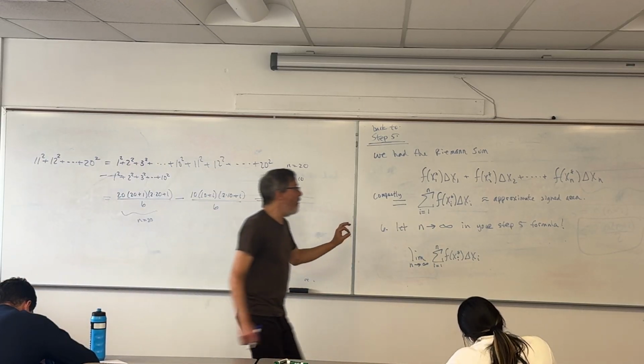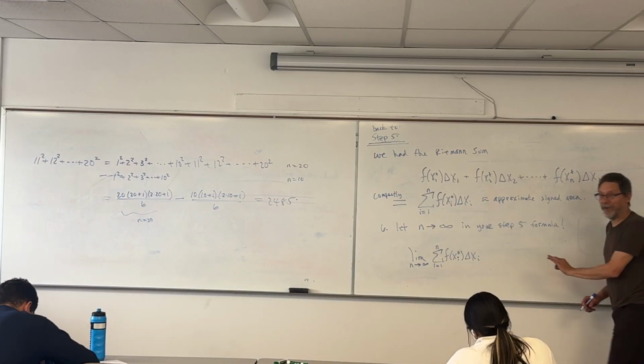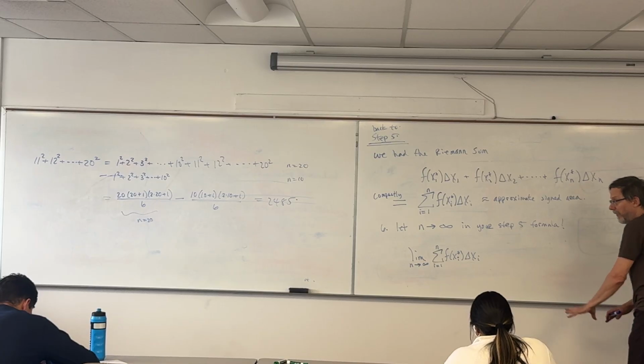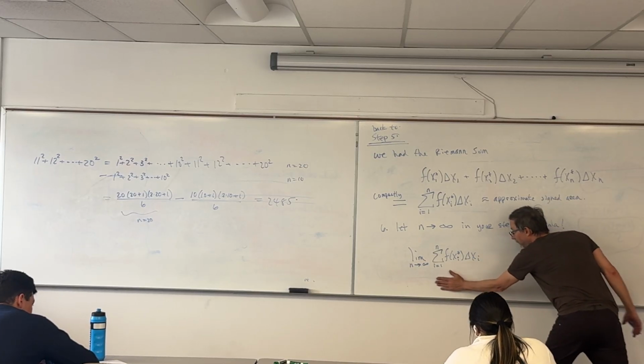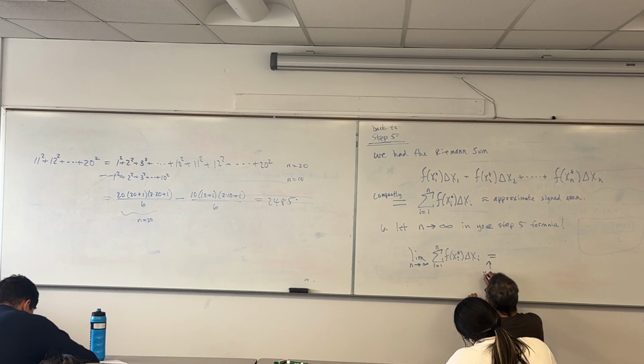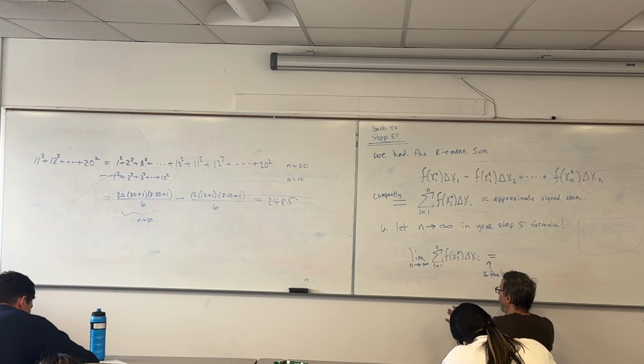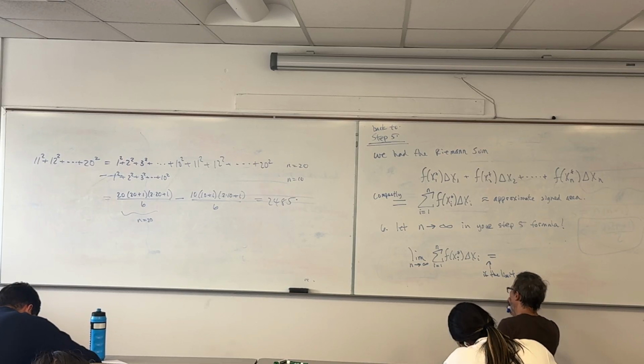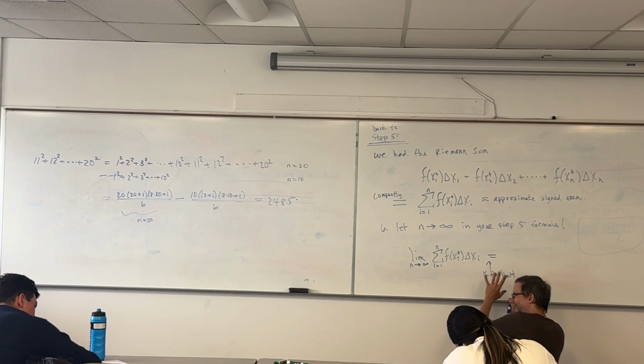And it's so important that it has a symbol name. This process, getting to here, if this limit exists, and it's going to exist for everything we'll ever do in this class. There's no worries.